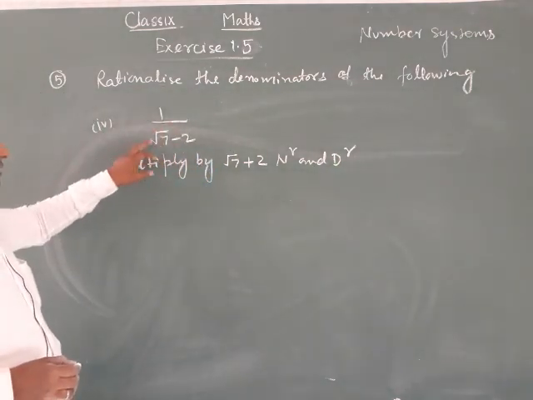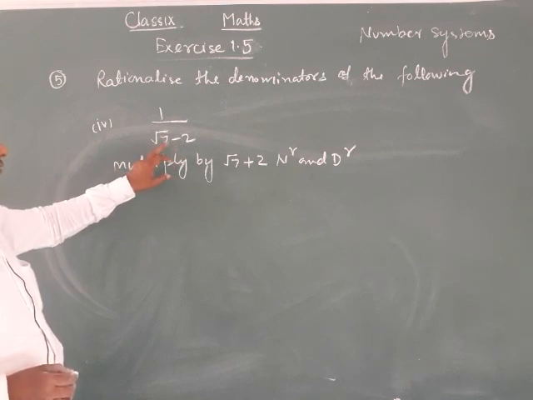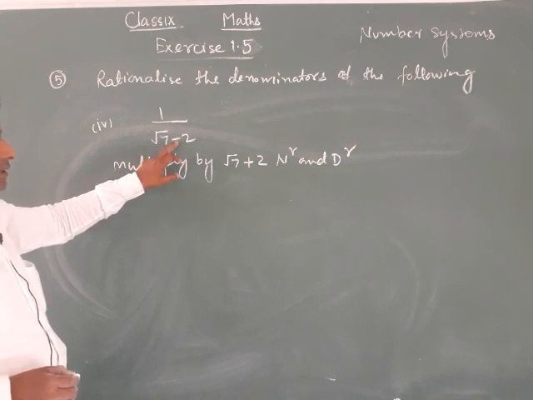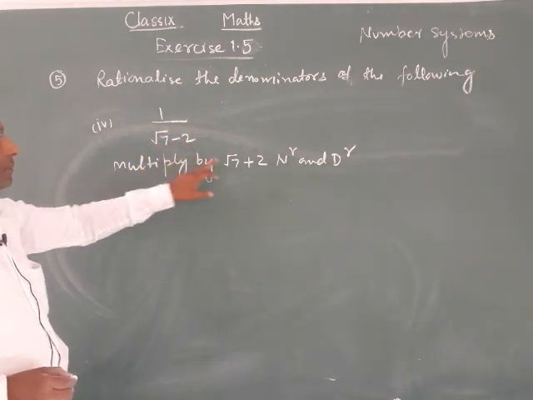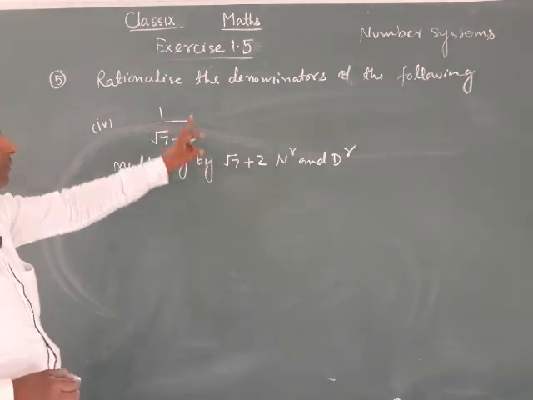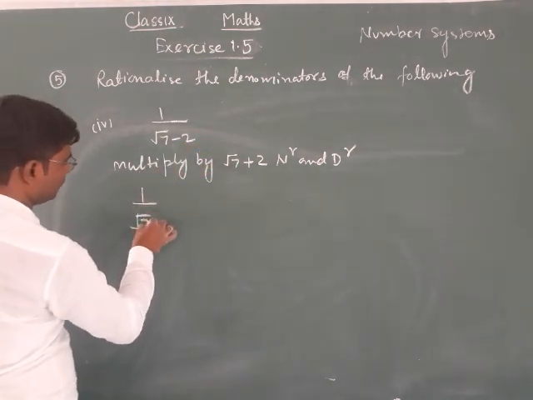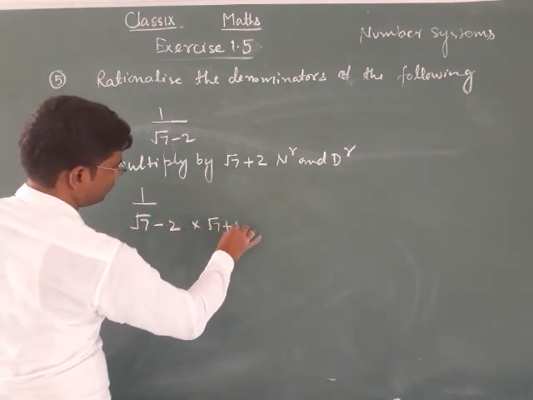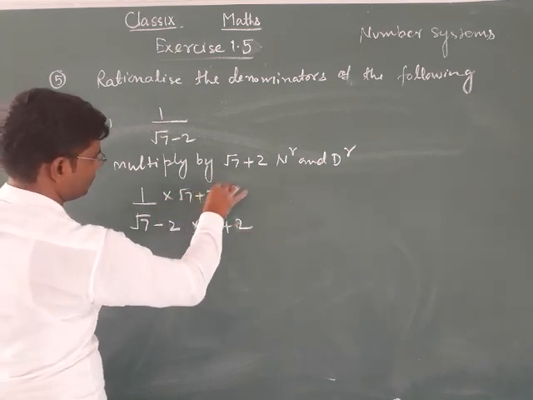We take the conjugate of this irrational number, changing the minus sign to plus 2. So we get 1 upon root 7 minus 2 into root 7 plus 2 upon root 7 plus 2.